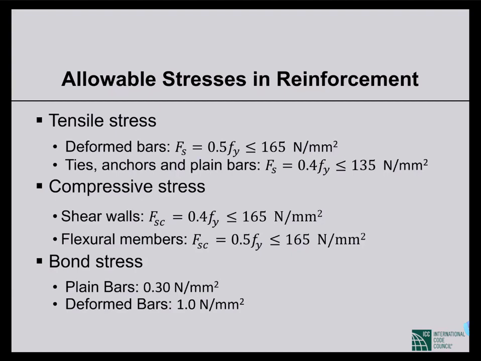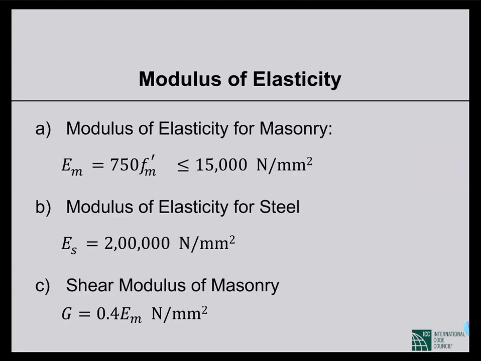So, and the other values you can see. Now, for modeling purposes, modulus of elasticity is important. From the prism test, we can find Fm prime, and depending on Fm prime, we can calculate the modulus of elasticity, just like for concrete.